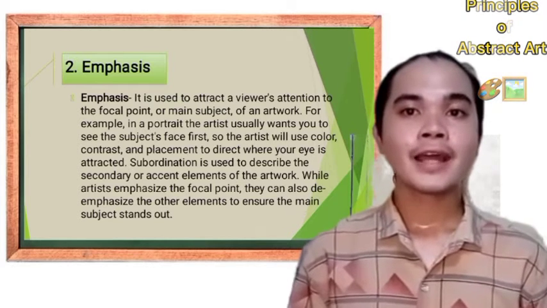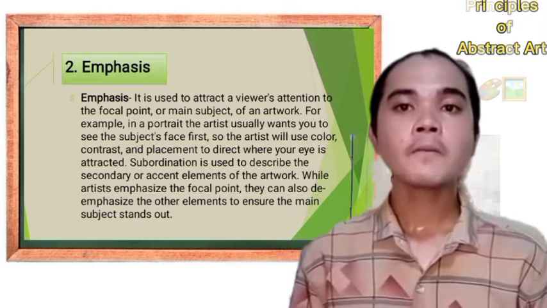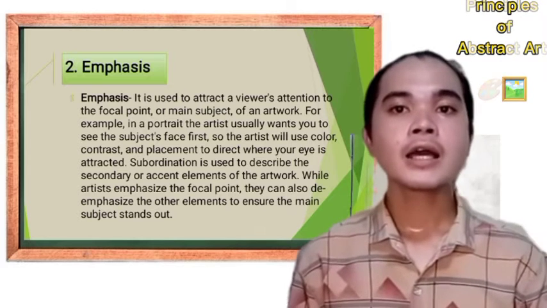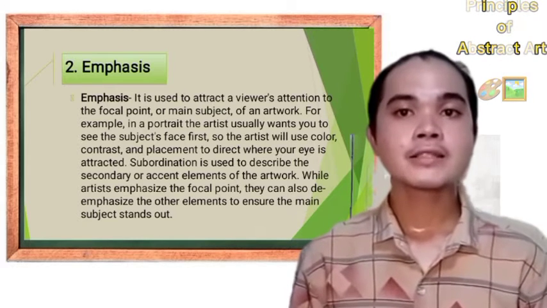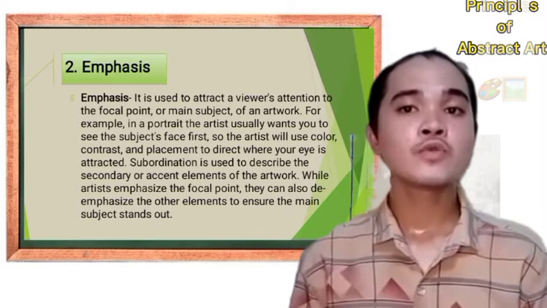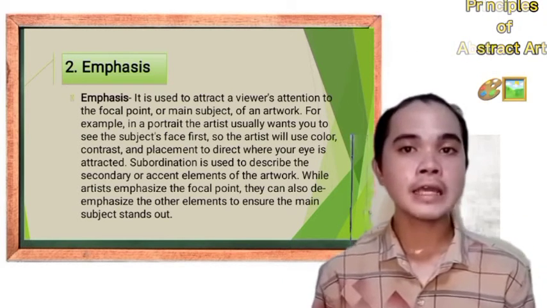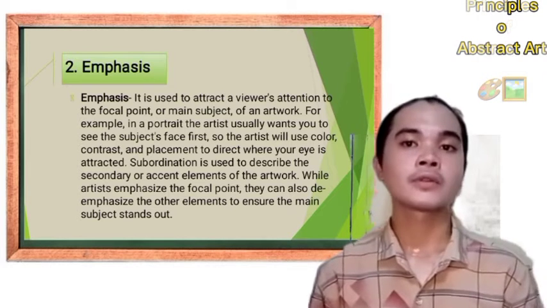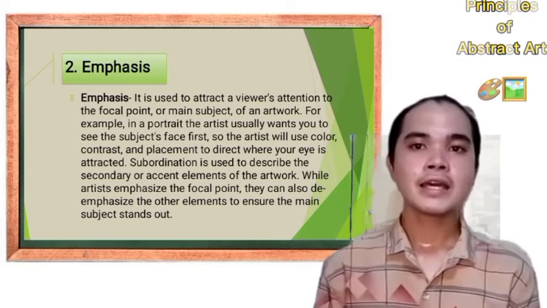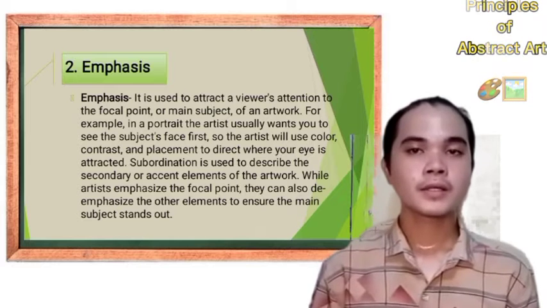They will use techniques such as color, contrast, and placement to make sure that this area is where your eye is attracted to first. Otherwise, an artist may use red on the subject while leaving the rest of the painting in very muted brown. The viewer's eye is automatically drawn to this pop of color.